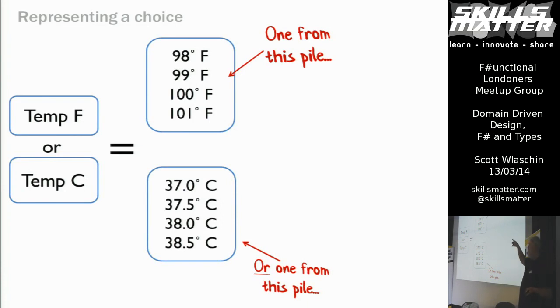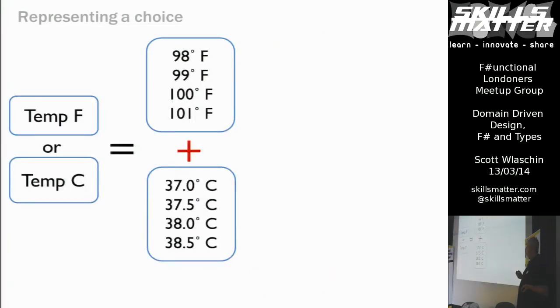So if there are 4 in the first pile and 4 in the second pile, the total number of combinations is 8. If there are 10 in the first pile and 10 in the second pile, that's 20 choices altogether. So we use addition. This is a sum type. I'm adding Fahrenheit to Celsius.